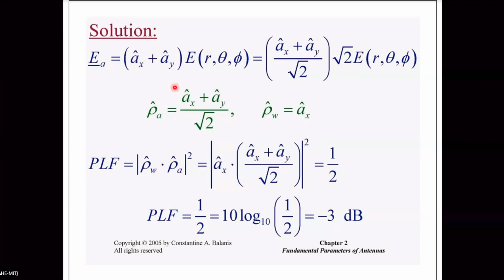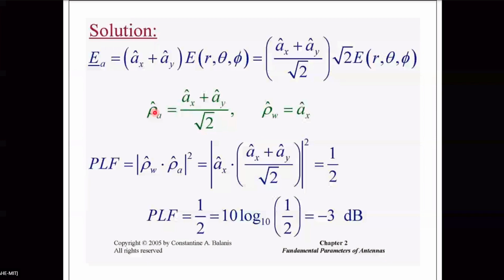You do that, this part will cancel out. AX hat plus AY hat divided by the magnitude of AX hat plus AY hat, that is square root of 1 plus 1, that is root 2. So rho A will be AX hat plus AY hat by root 2. Have you got this rho A hat from EA?